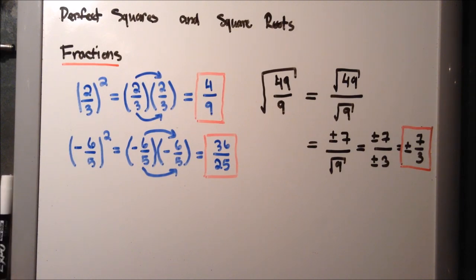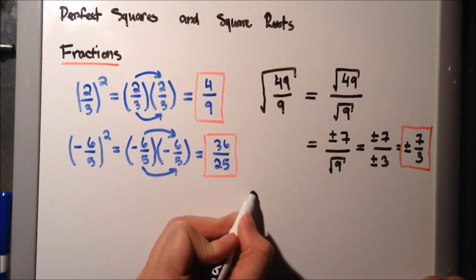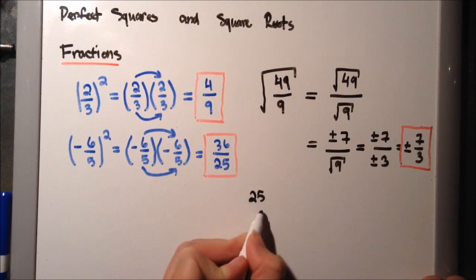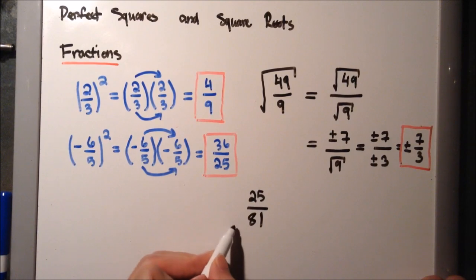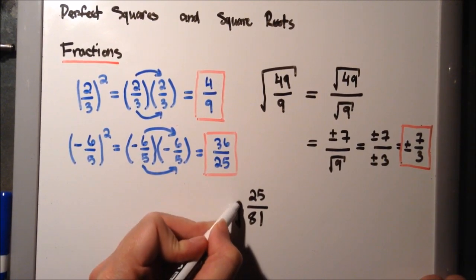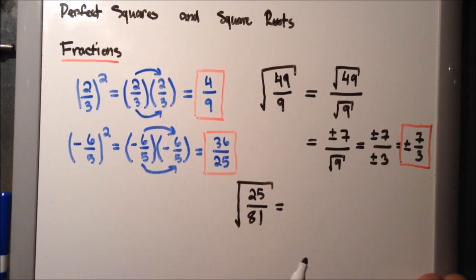Now let's do another fraction. So say we have 25 over 81, and it's asking you to find the square root of it. So again, if you want to work part by part, you can split this into two square roots.